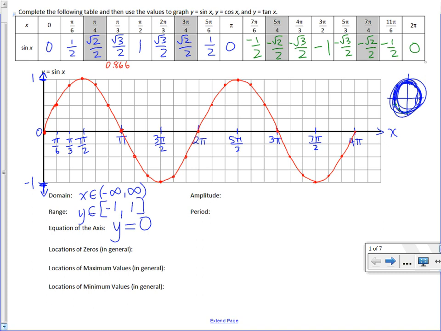Do you remember what amplitude meant? From the axis to top max, or from axis to bottom or to min, what's the distance? How far is it from axis to max or from axis to min? 1 unit. And then this is the one thing that's changed from last year. A period last year was 360 degrees, now a period is 2 pi. Okay?